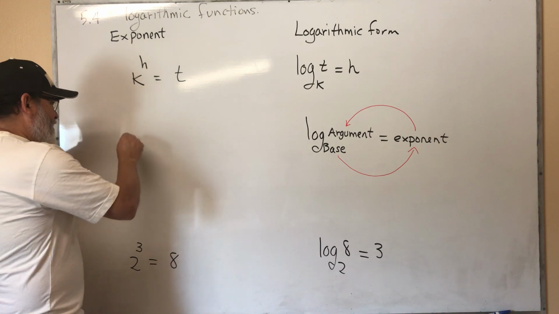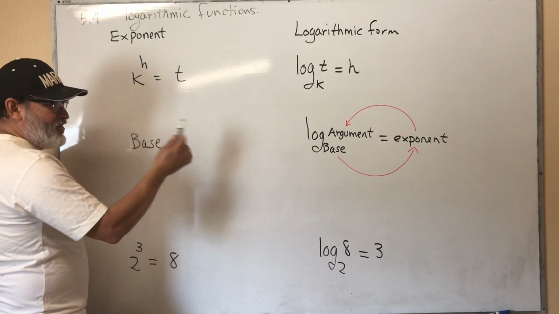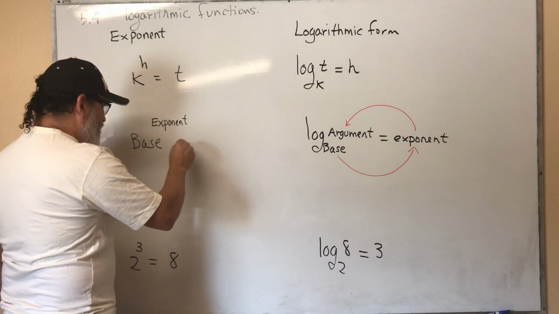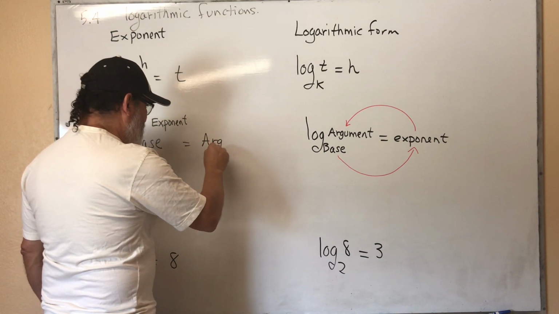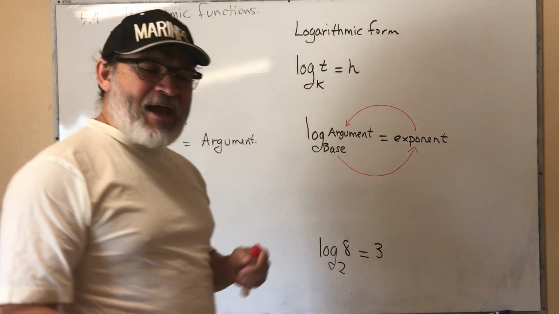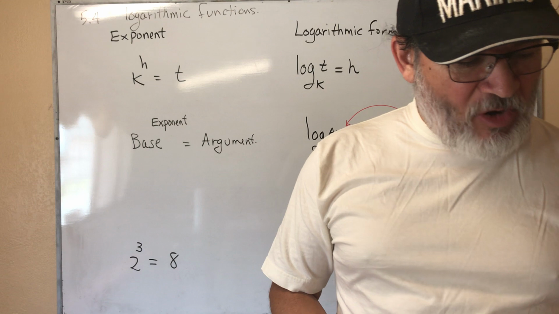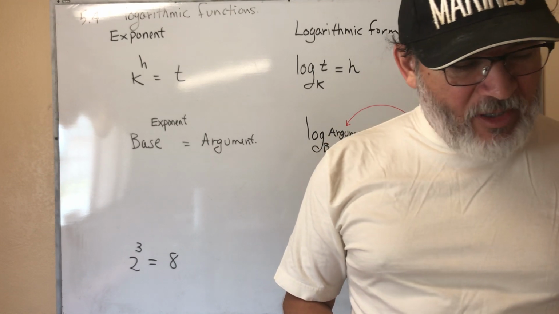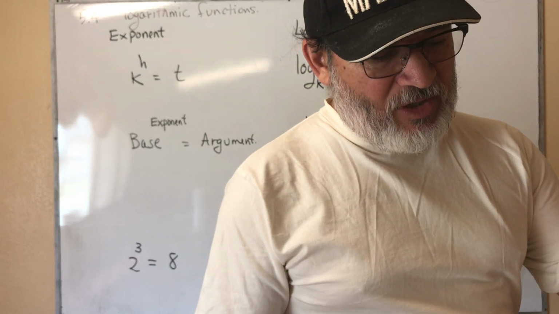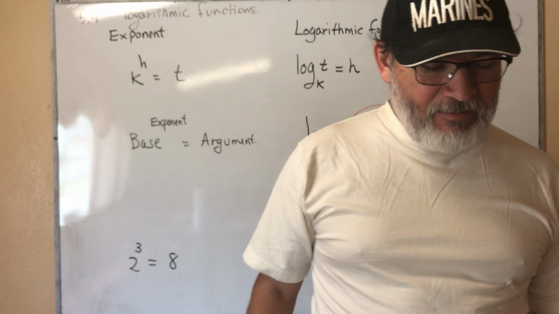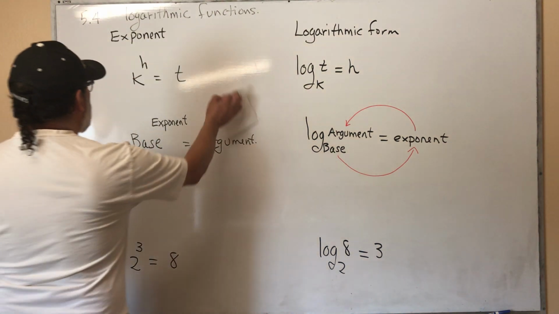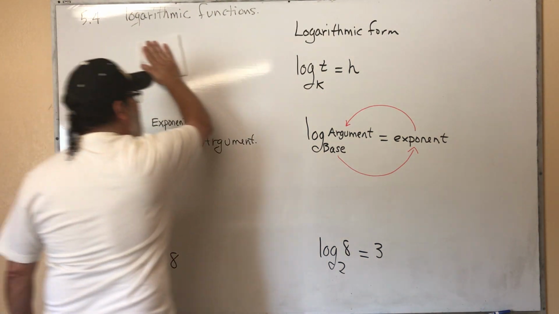So we can say the base to the exponent equals the argument. There you go. We can go back and forth with logarithms. That's what they do in the book. On page 442, they say that. Page 442.